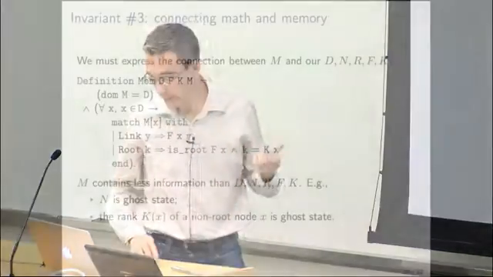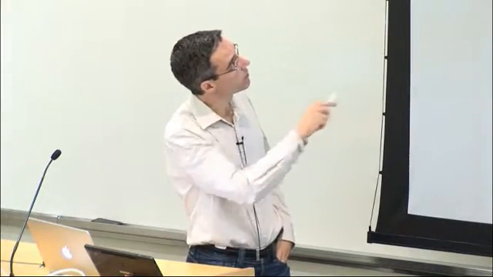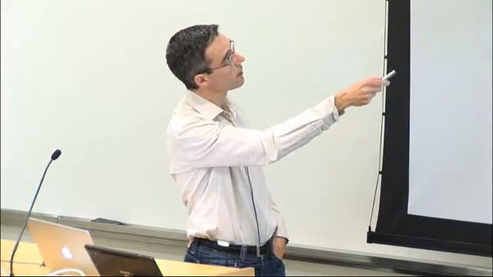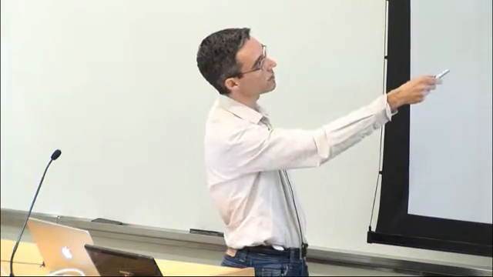And then we need to connect the first two things that we just saw. On the one side, we had the mathematical reasoning, and on the other hand, we had this group_ref assertion, and we need to say what's the connection between them. So that's what this third part is about. We have to say that the domain of the map M, which exists in memory, is in fact exactly D, the D that appears in the mathematical invariant. And we also have to connect the content.